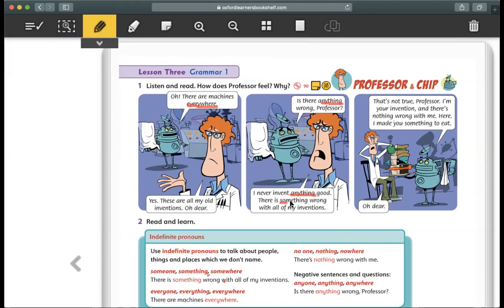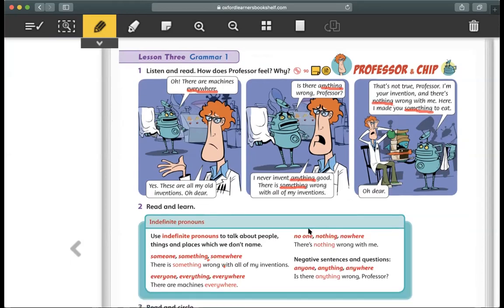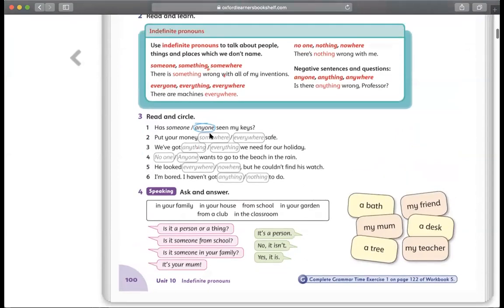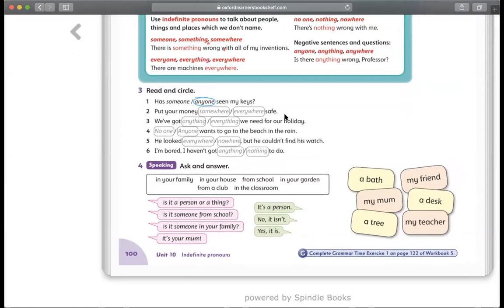Something. Nothing. And something again. Okay, good. So let's move on. There is also a grammar box. You have to read this grammar box at home. And let's go to exercise number 3, page 100.